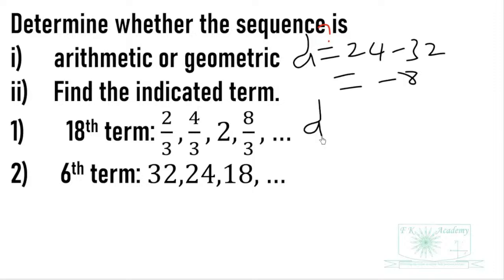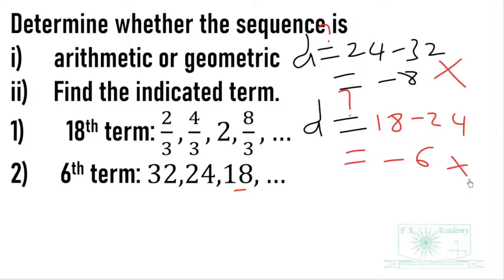Then d is equal to 18 minus 24, and 18 minus 24 will give us negative 6. So the difference is not common.